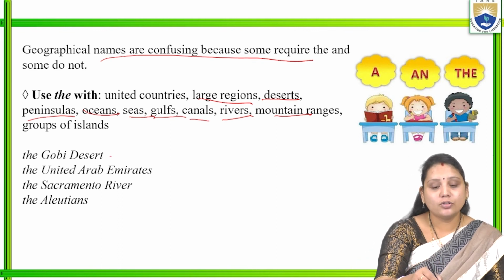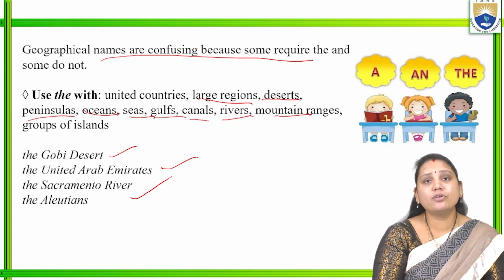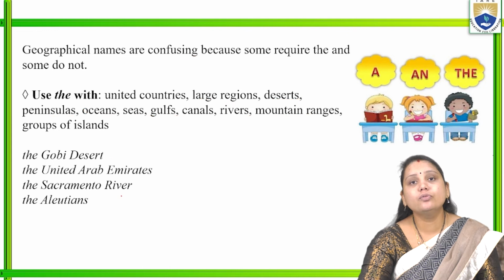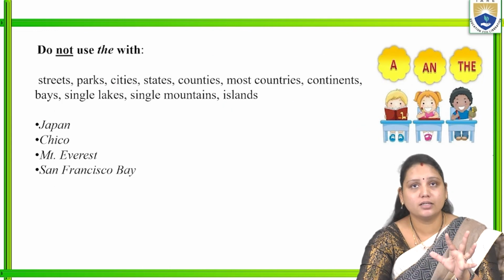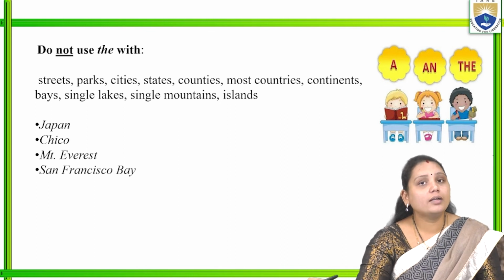For example, the Gobi Desert, the United Arab Emirates, the Sacramento River, the Eurasians, isn't it? We are going to use the with some specific regions or entities. Do not use the with what kind of words?